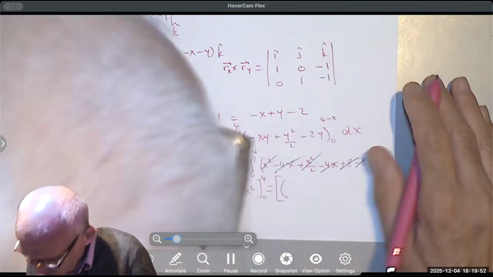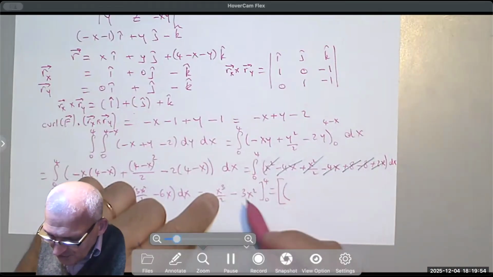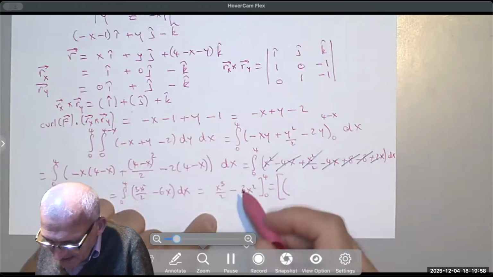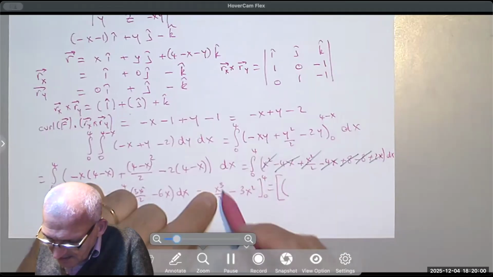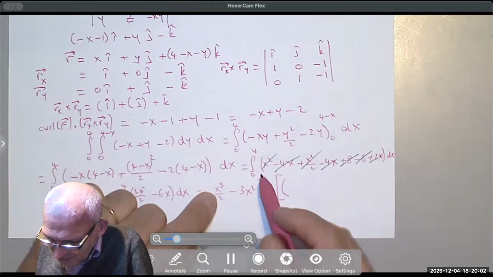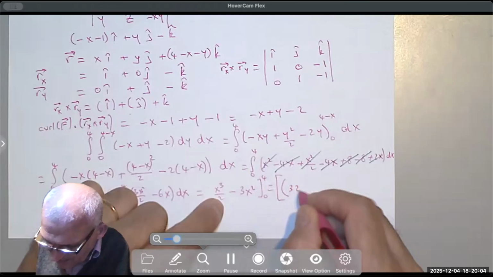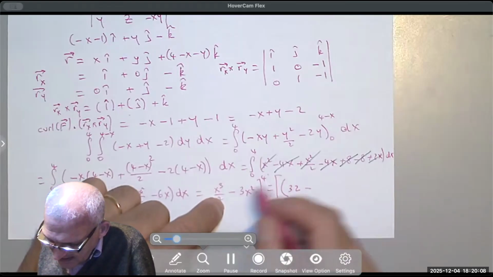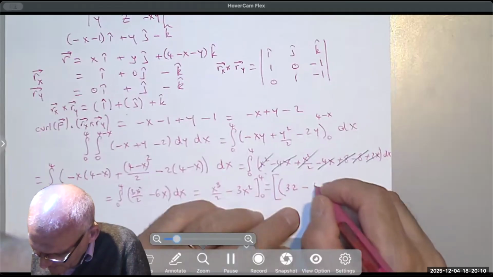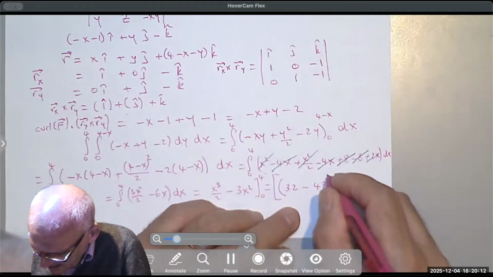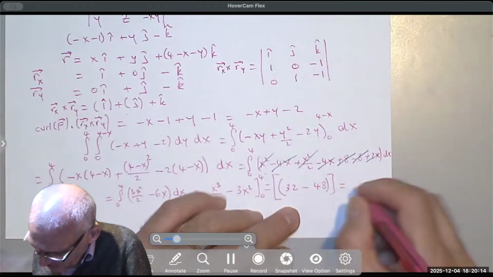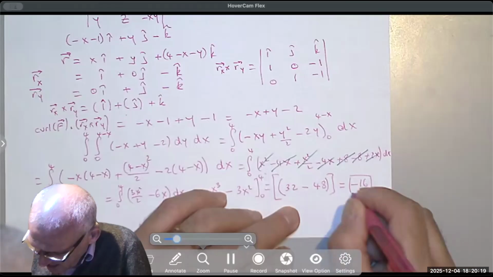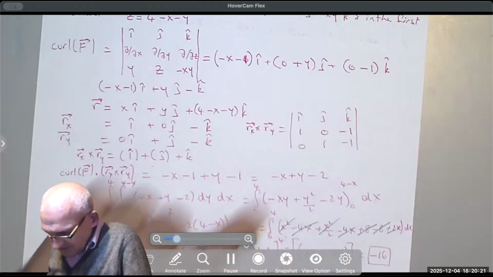The 0 is not important. So 4 cubed is 64, over 2 is 32, minus 4 squared is 16, times 3 is 48. And 32 minus 48 is negative 16. And hopefully this is the correct answer. I think we check that.